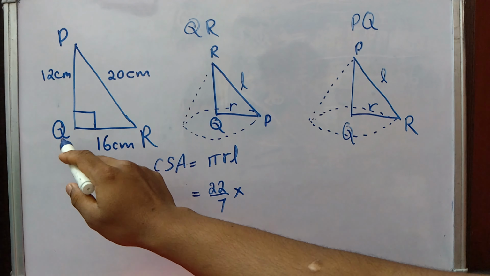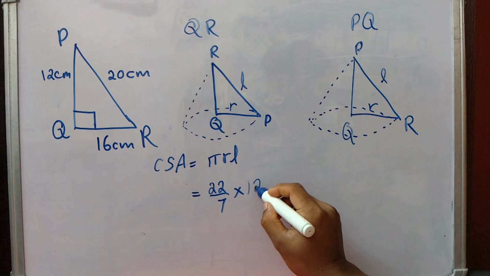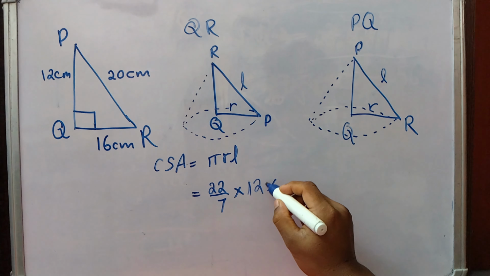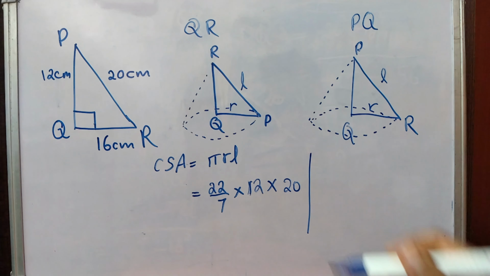PQ, 12, into the length RP, which is nothing but 20. So this is the CSA of the cone formed by rotating the triangle about the QR axis.